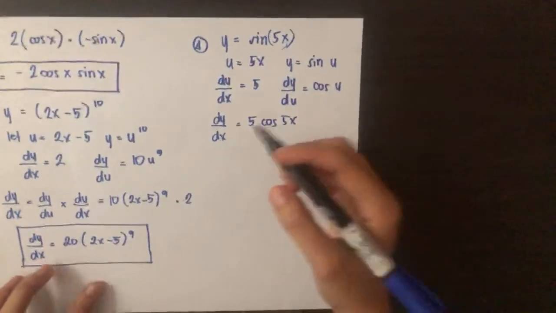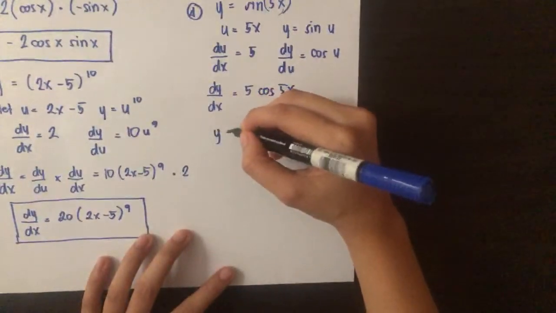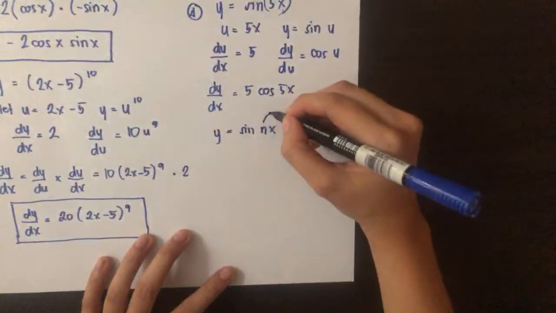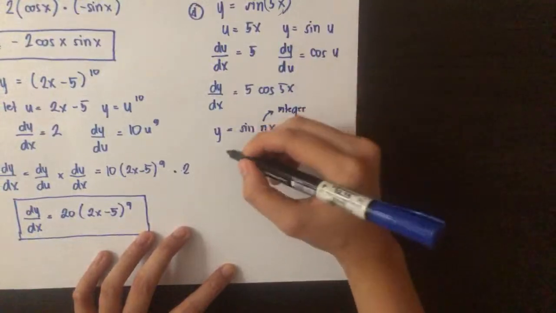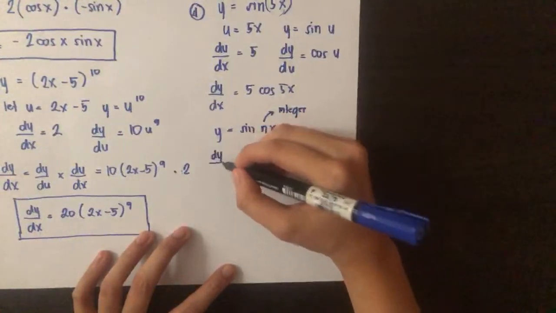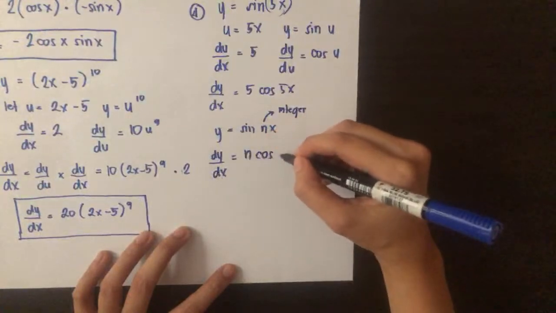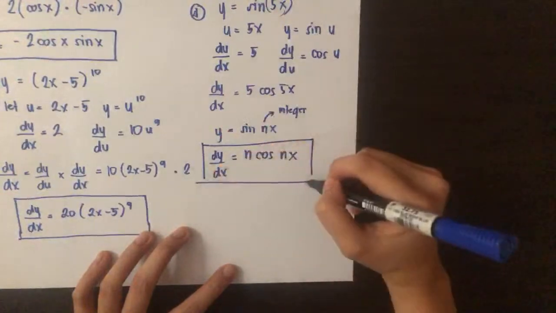It's always like that. When we are differentiating y is equal to sine of nx, n can be any integer. The formula is always n cosine of nx, always when it's sine.